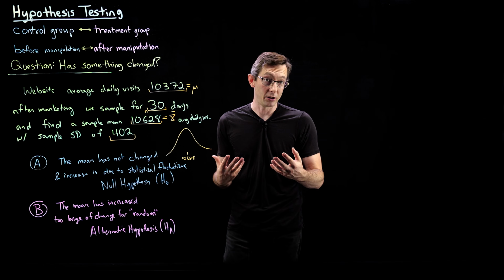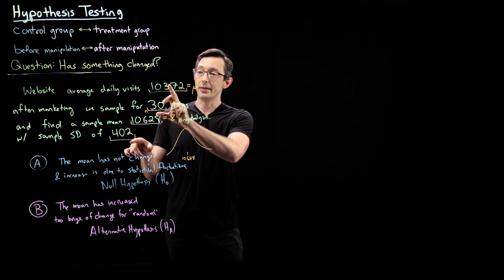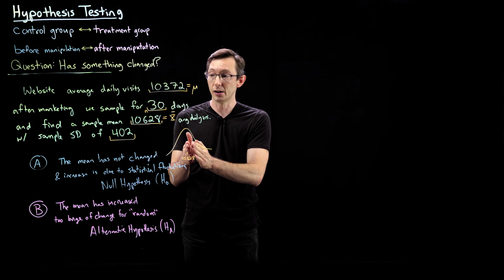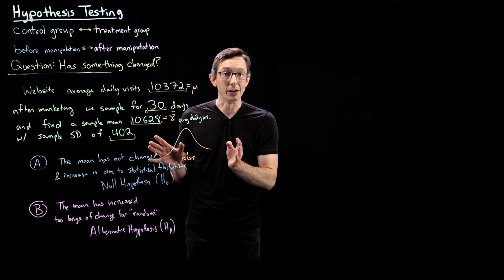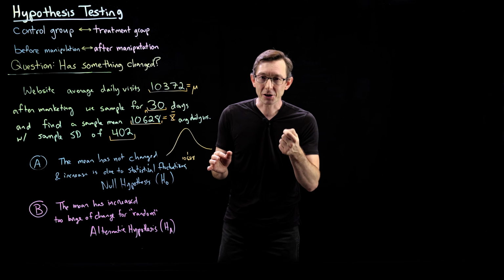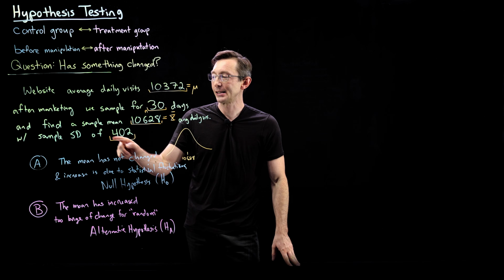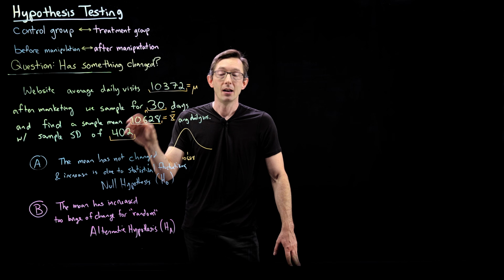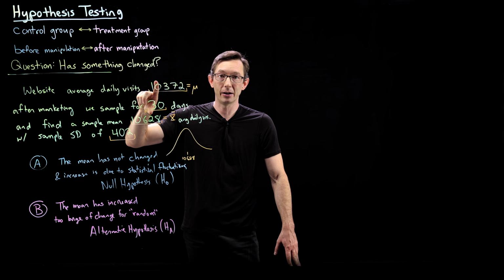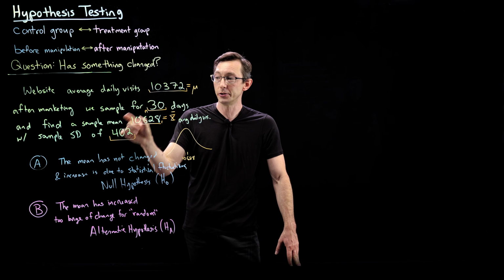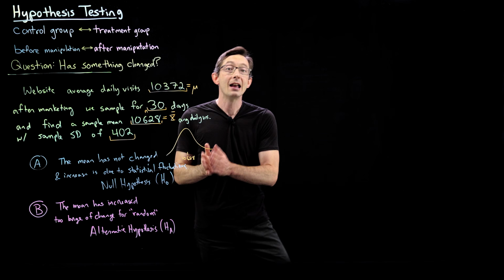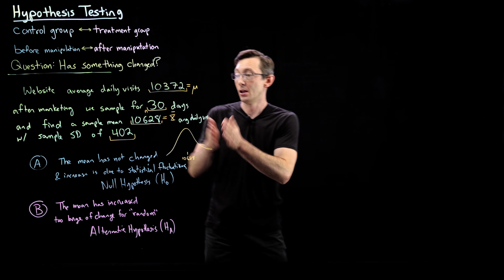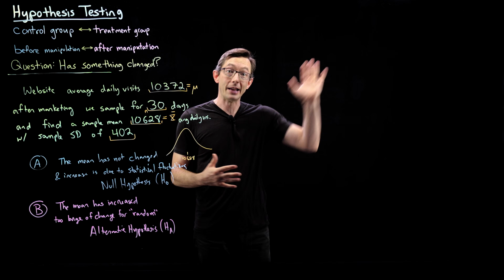And you might conclude incorrectly that this difference is small compared to this standard deviation, so not that much has changed. But what you actually need to compare against is the standard deviation of the sample divided by square root of n. Okay, so that's actually what you need to compare this delta to, 402 divided by square root of 30. That tells me how many standard deviations away x bar is from mu. And that's what we're going to do right now.